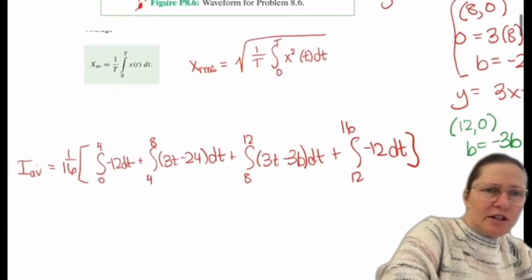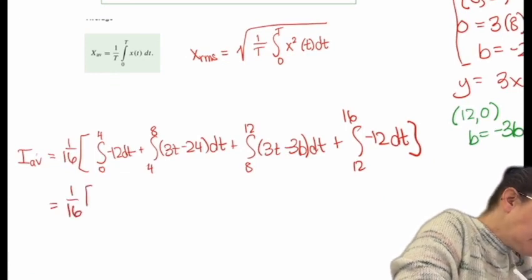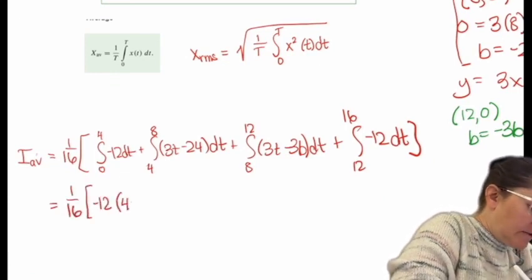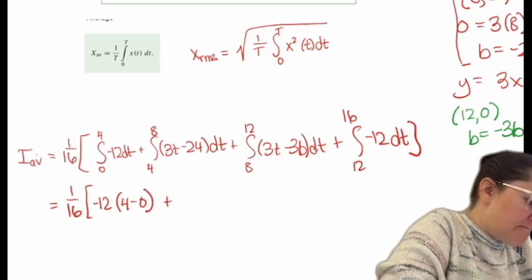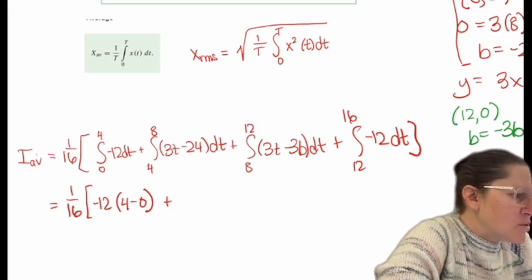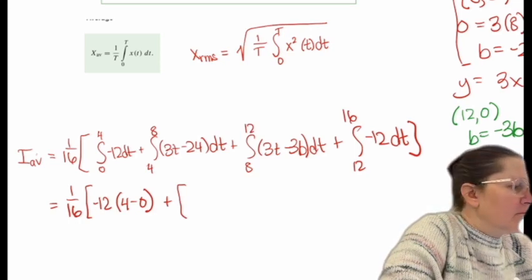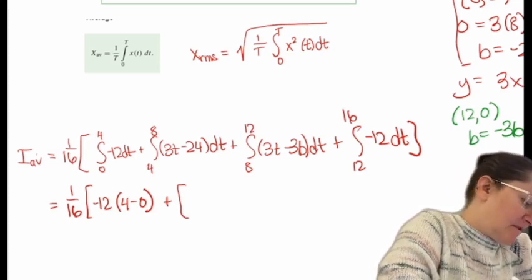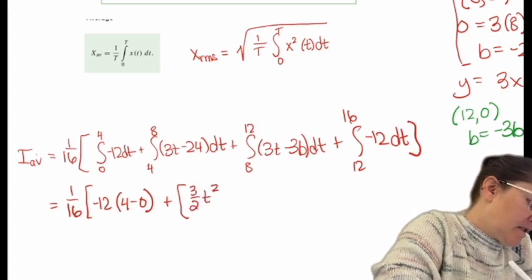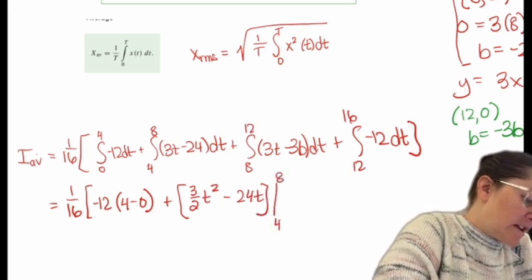All right, so the integration of minus 12 dt is going to be what? Minus 12t, so minus 12 times 4 minus 0. And then the 3t minus 24: 3t becomes 3 over 2 t squared, correct, and then minus 24t, evaluated from 4 to 8.